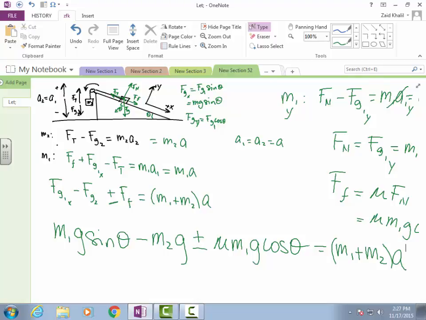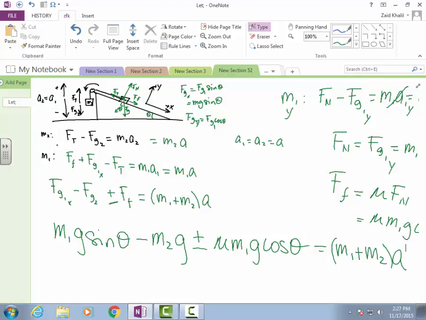If you look at the magnitude of A, it's going to be M2g minus mu M1g over M1 plus M2. Or if we switch the directions, do we retrieve the table Atwood? Yes or no? Is that the acceleration of the table Atwood?